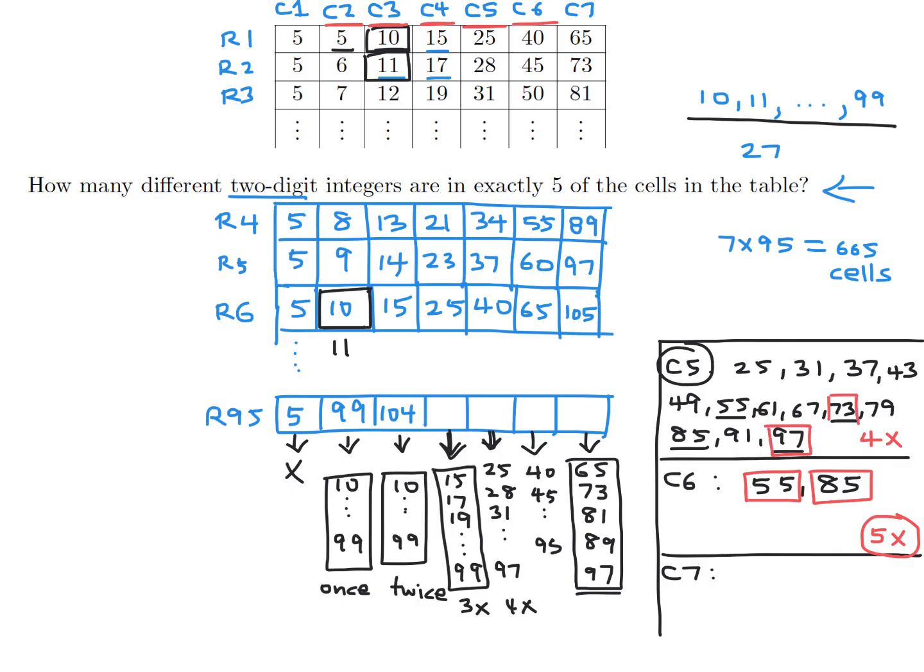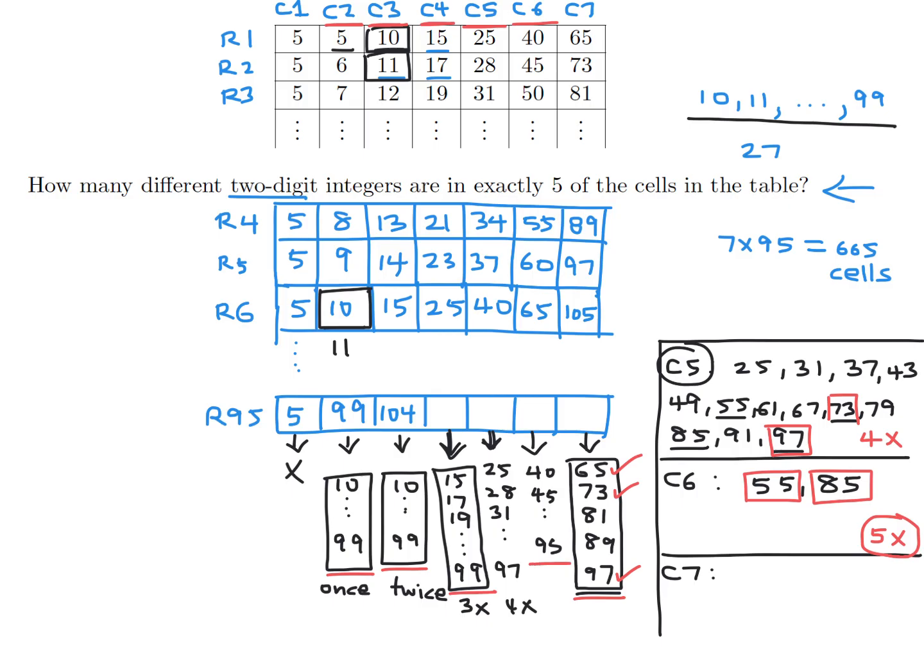Because it'd be in C5, C2, C3, C4, and C7. Okay, so there's one more. So we got this 73. We got this 97. Any of these other ones appear in all 5? I think maybe the 65 would. Because 65 would be in this one, this one, this one, this one, and this one.